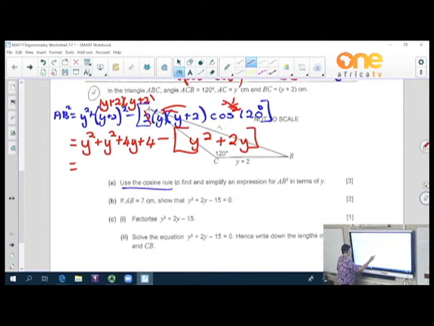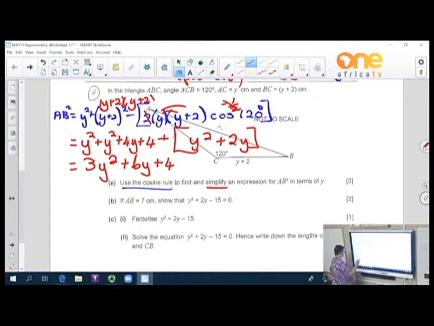So we simplify. Actually we should remove this negative also there, because we multiplied the negative with the negative there. So then we have 3y squared plus 4y plus 2y, and then plus 4. That's then the simplified expression.